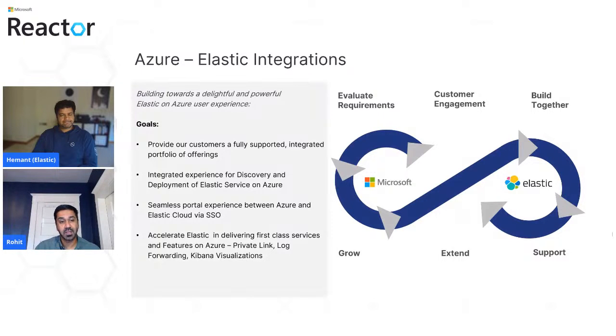Extending on these experiences, we hope to continue our build together efforts with Elastic and offer other kind of seamless integrations for the other end-to-end scenarios, which will be coming here in the near future. Hemant, back to you to kind of walk us through some of the experiences that we just discussed here.